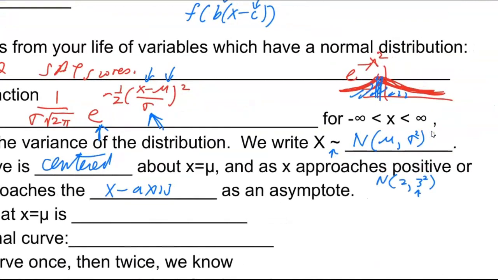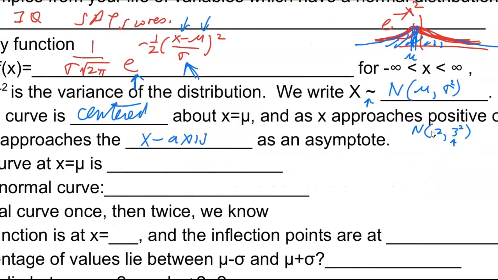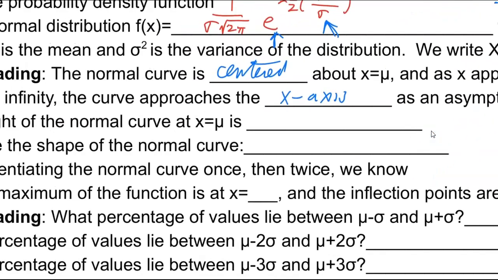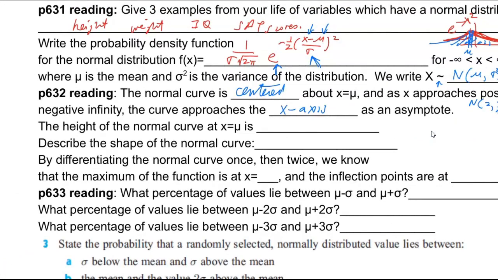We can see it's centered at the mean, and then on either side it approaches the asymptote of the x-axis. The height of the normal curve at x equals mu is, so that's where this expression comes in. So this expression is the height of the normal distribution curve at the center.